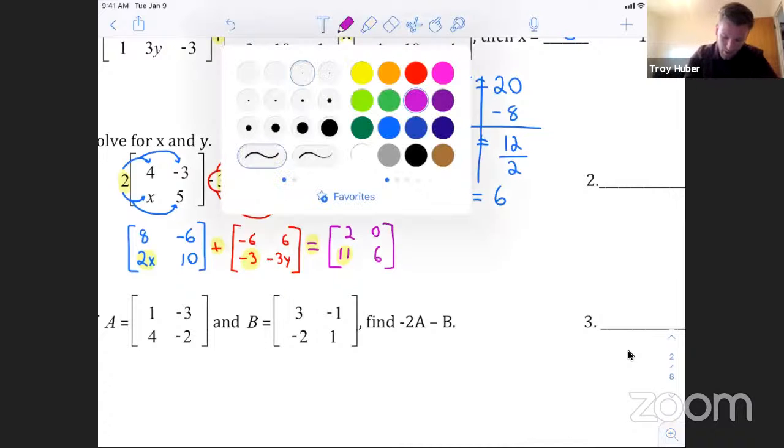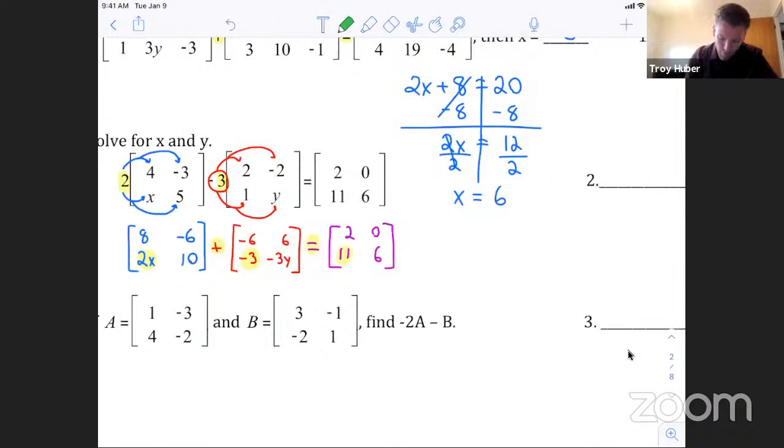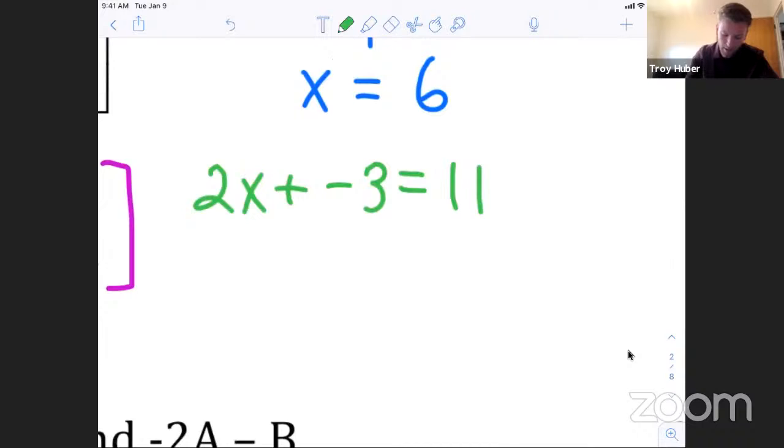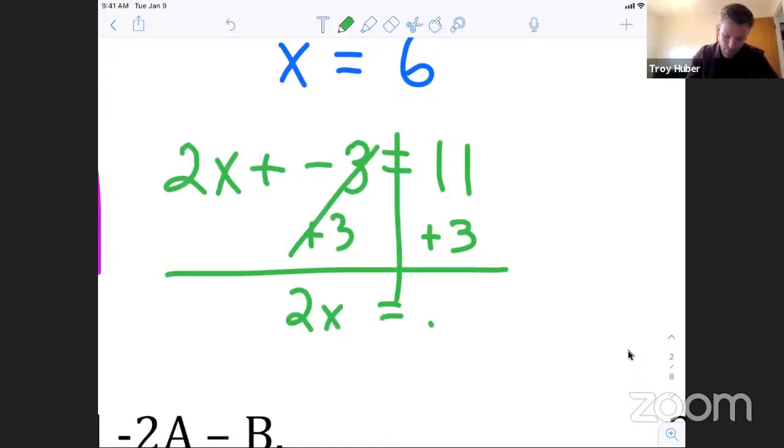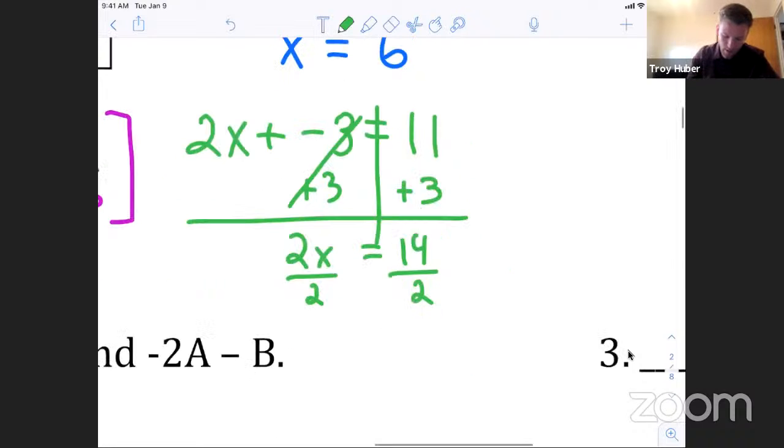So let's go ahead and do it in, I don't know, maybe green. 2x plus -3 is equal to 11. And now let's just solve for x. So I'm going to add 3 to both sides. 2x is equal to 14. Let's divide each side by 2. And I get x is equal to 7.